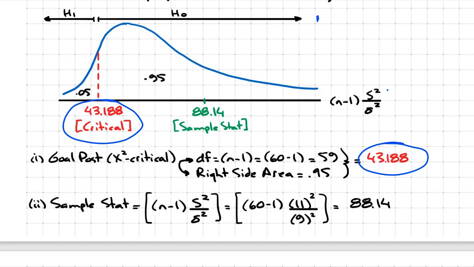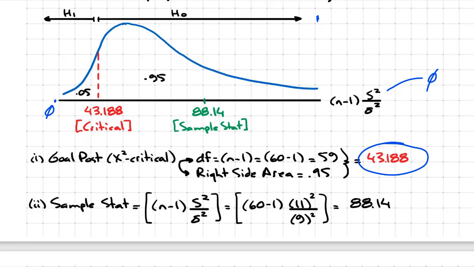Well, what if the sample variance was 0? Then the whole term would be 0. And that's why you do have a finite point on the left side of this distribution. So think of this as 0, and then the goalpost would be right here. So it's 43.188.